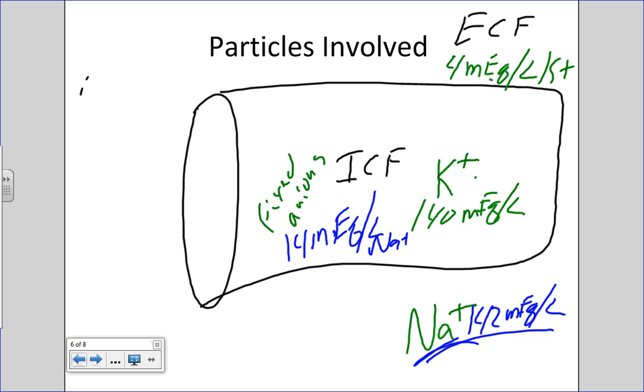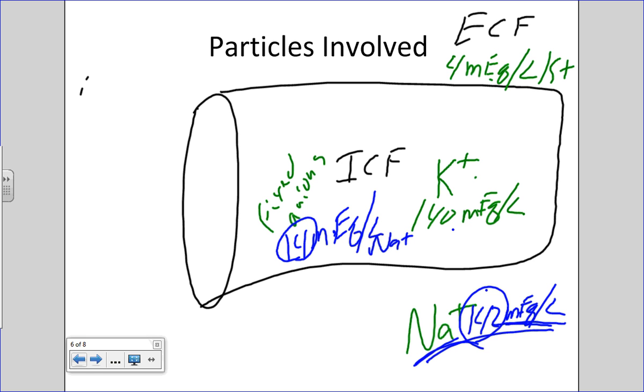So what are we saying here? When you see milliequivalents, just think that per liter of water, there are going to be 142 sodium ions. So there's going to be 14 sodium on the inside, 142 on the outside, 140 potassium on the inside, 4 on the outside. These numbers I just put up are what create this resting membrane potential. This is what creates this charge.